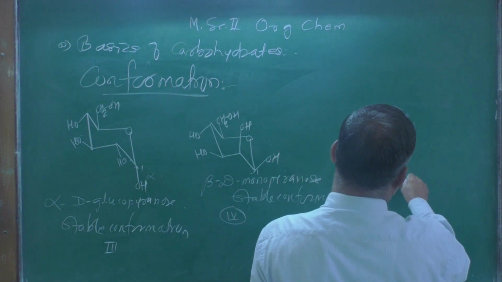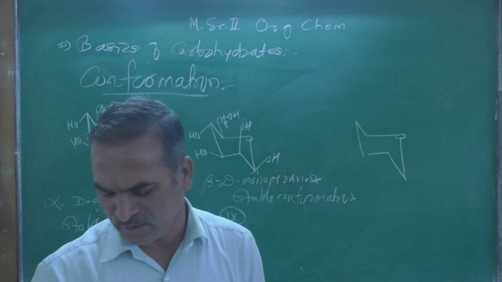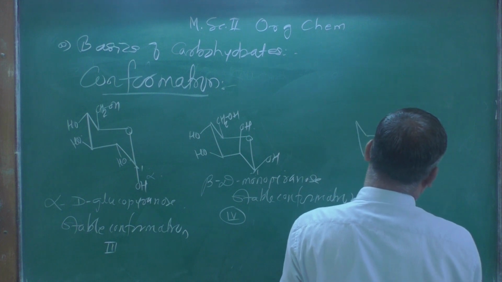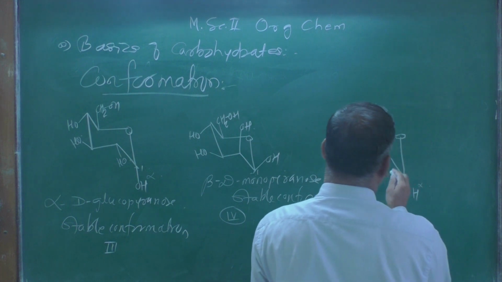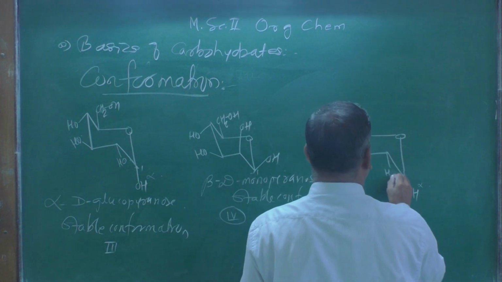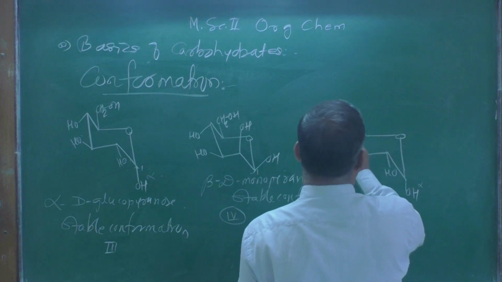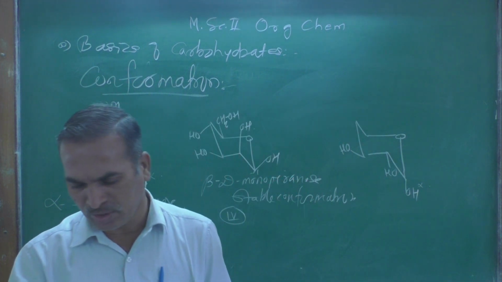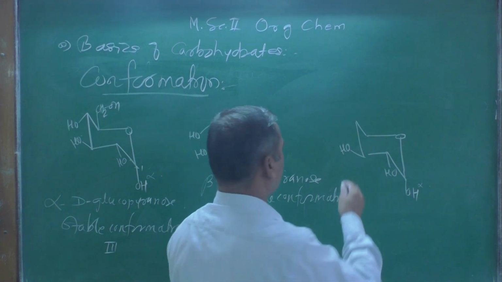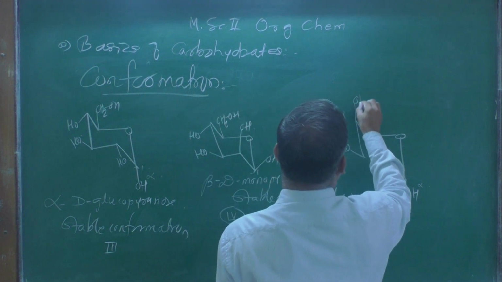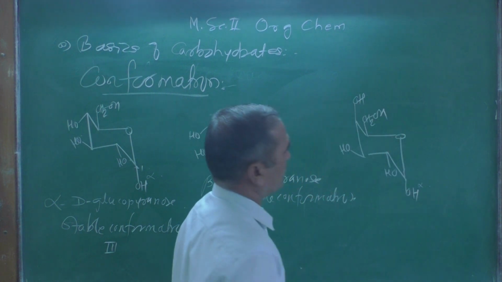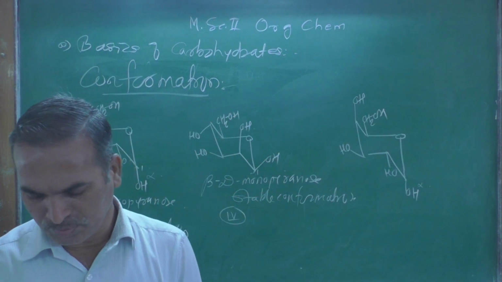This is another structure where the hydroxy group is on the alpha side, this one, then another hydroxy group here at equatorial position, this hydroxy also lying on the equatorial position, but this hydroxy group lying on the axial position and the rest equatorial.